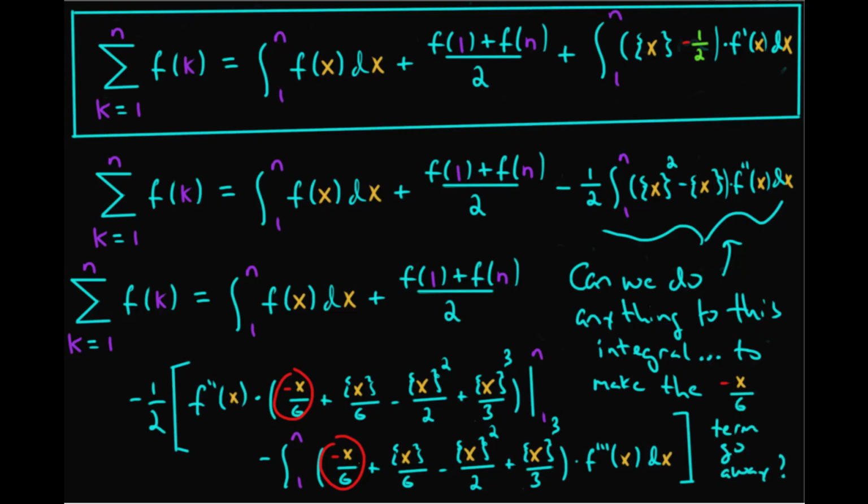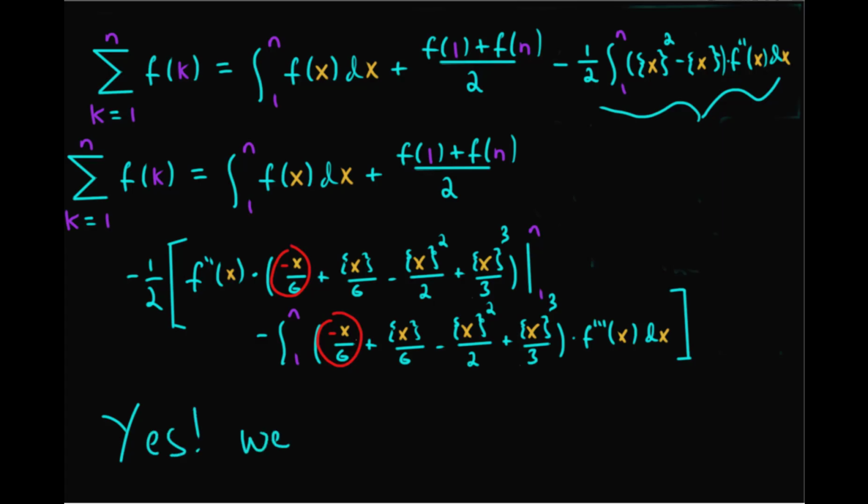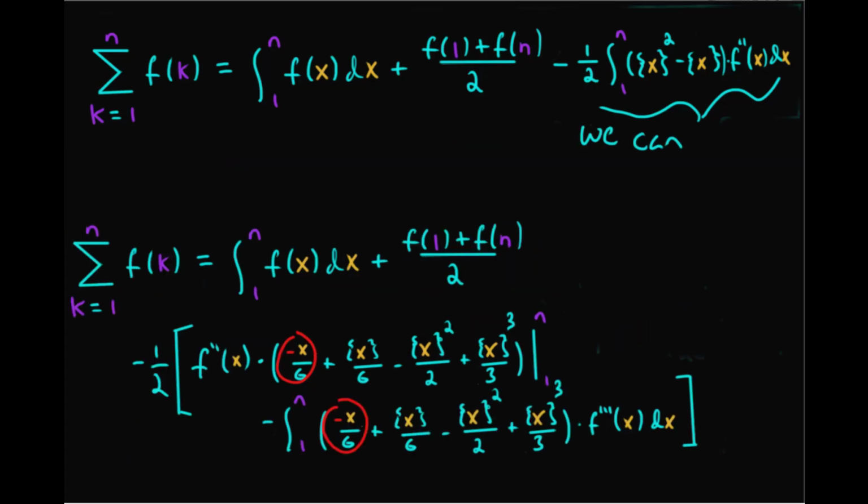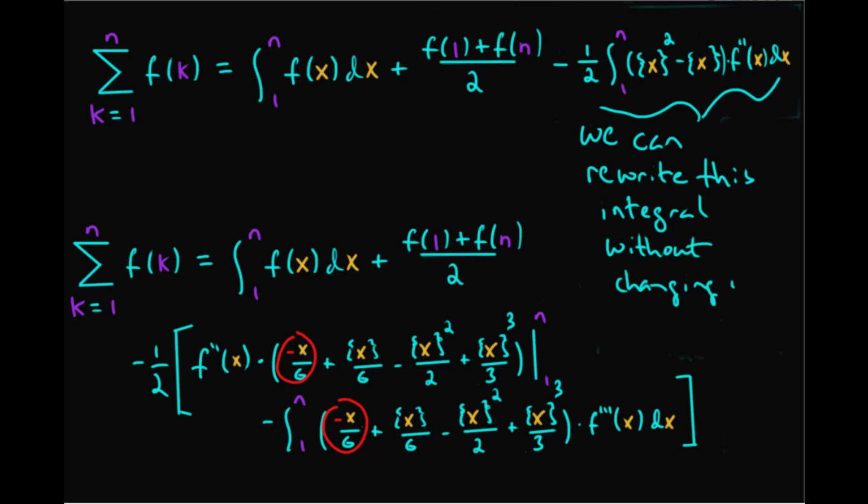And the answer is actually yes. We saw this trick already once before. What we're going to do is rewrite the integral of (the fractional part of x squared minus the fractional part of x) times f double prime of x dx, without changing its value, as the following.